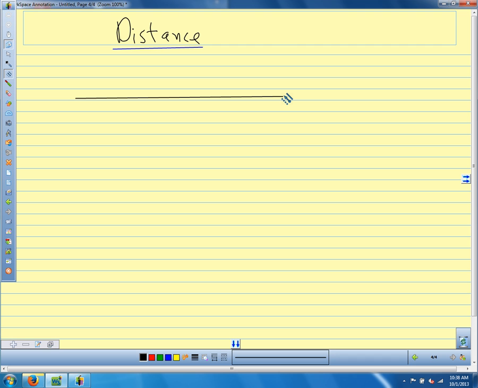If we have 2 points on our number line, let's say this is -3 and this is 7 again, how can we find the distance between those 2 points?